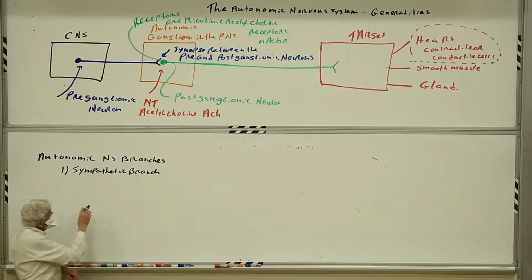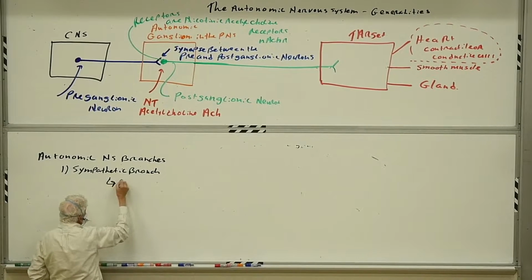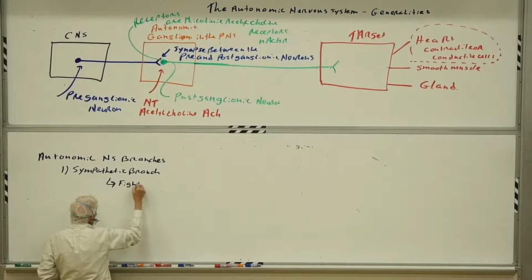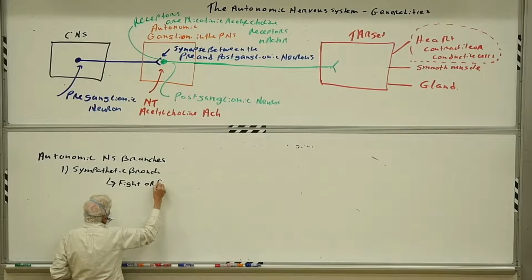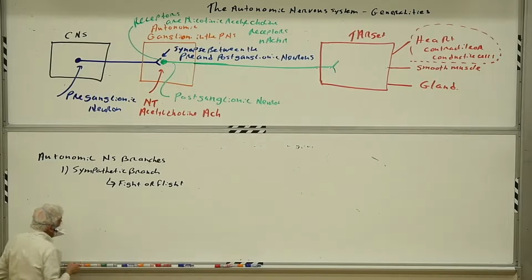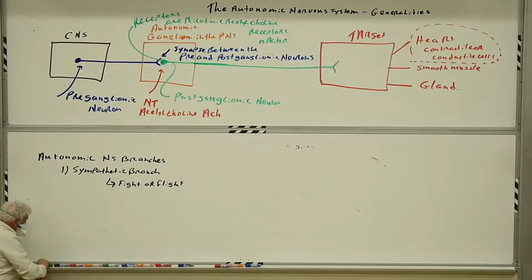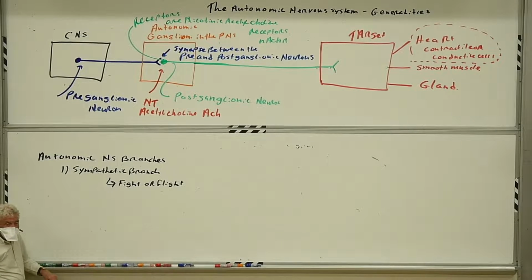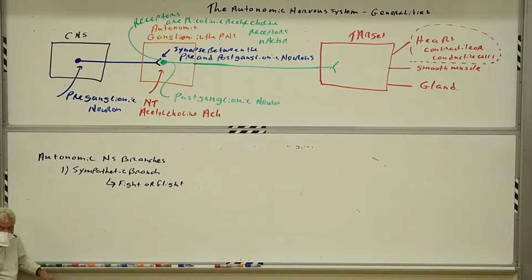Generally, when we think about the sympathetic branch, we're thinking about fight or flight. Overall, blood pressure goes up, sweating may begin, vessels to the skin become constricted. There are a whole series of things that happen.